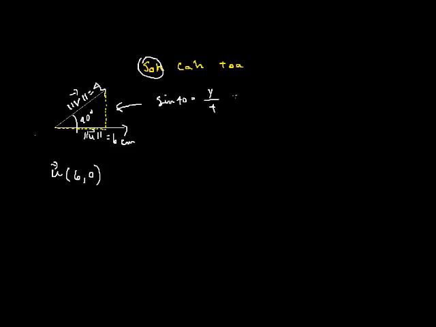Now with cross multiplying, this gives me 4 times sine of 40 equals y. Now in the calculator, y is equal to 2.57.